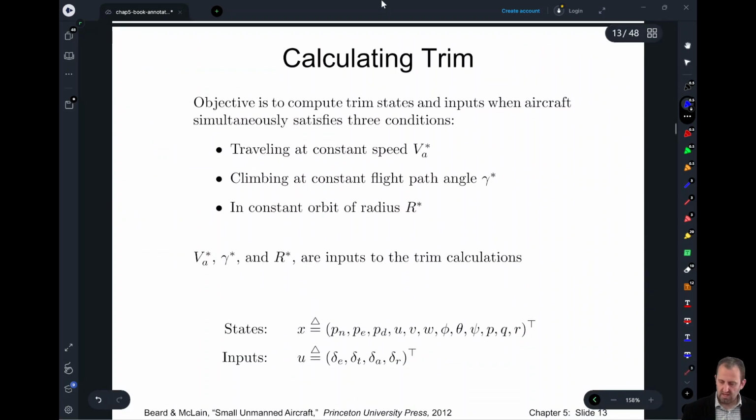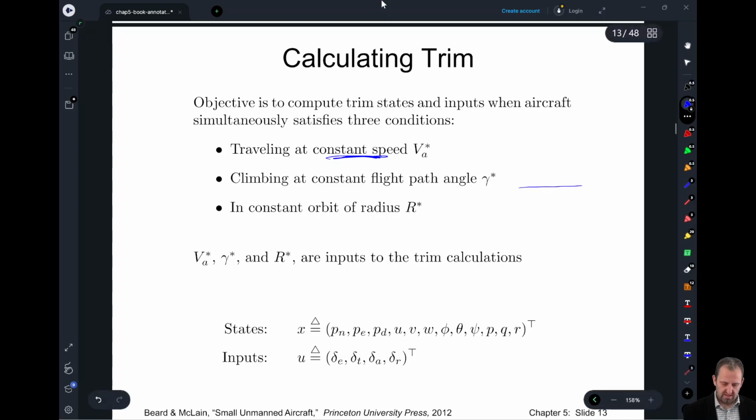Okay. Again, like I mentioned before, our trim trajectories are defined by 3 parameters. So we're going to say that we're traveling at some constant speed. The fact that this is a constant speed is very important. So we will define the speed that we want to be traveling at. We're going to be climbing at a constant flight path angle.